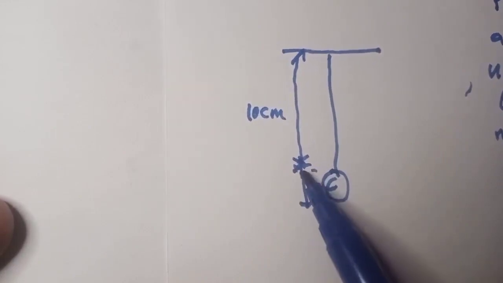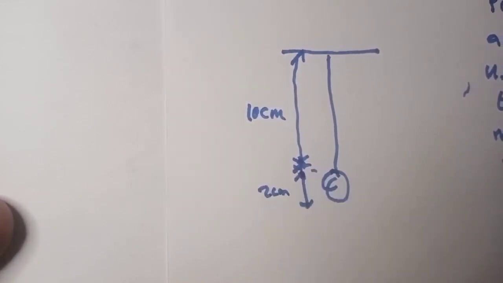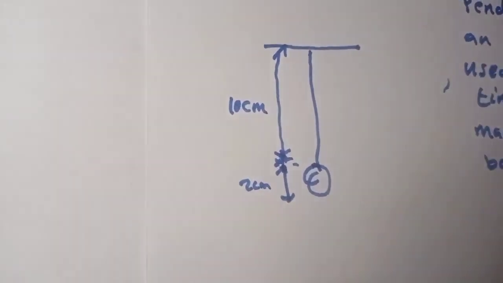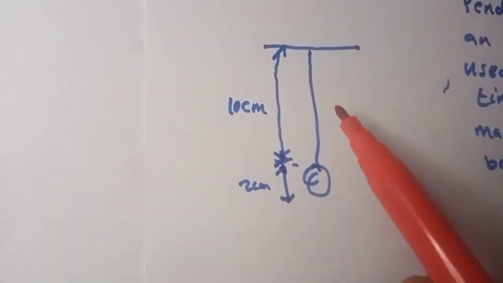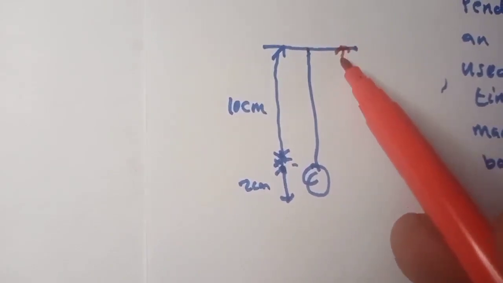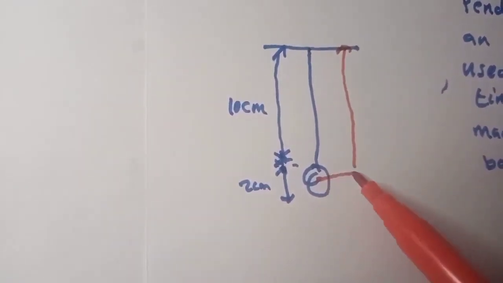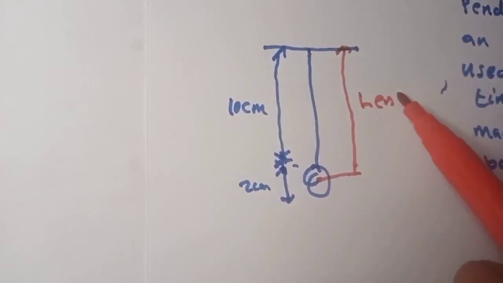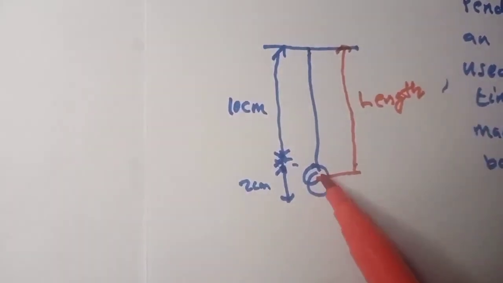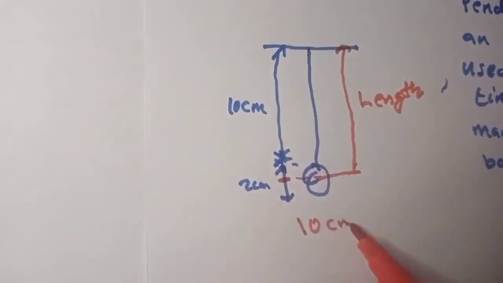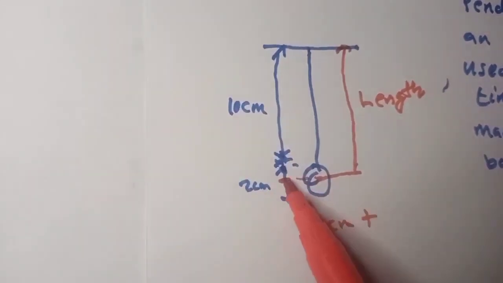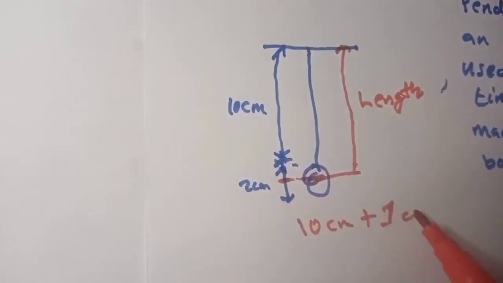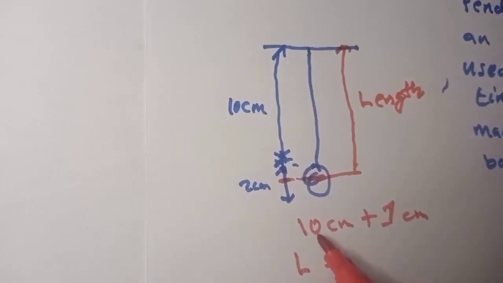The whole bulb is 2 centimeters. The length of the pendulum is from the support up to the center of the bulb. So you are going to say 10 centimeters plus half of 2, which is 1 centimeter, so the length is 10 plus 1, which is 11 centimeters.